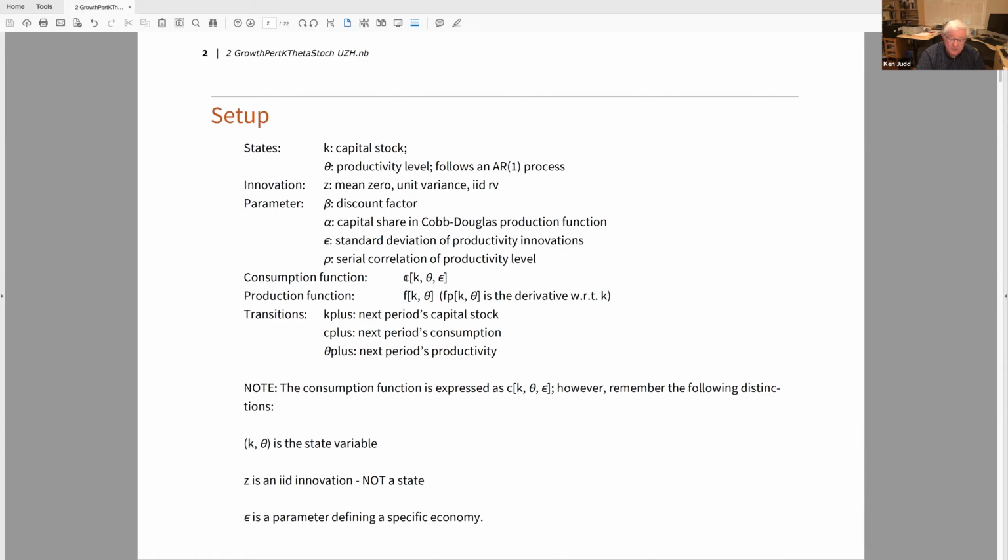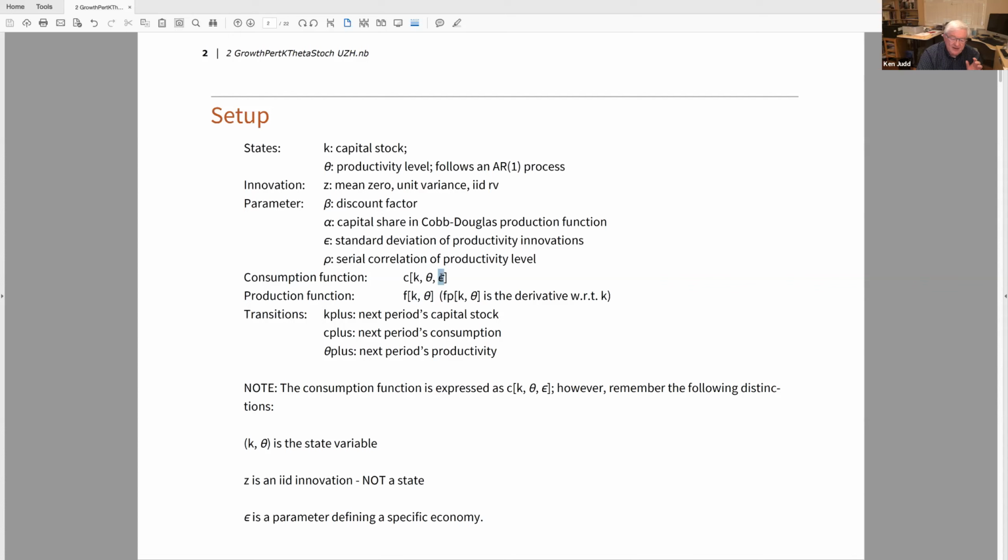And now the consumption function is going to be a function of 3 variables, but we're going to treat them symmetrically. K and theta are the state variables of the real problem.